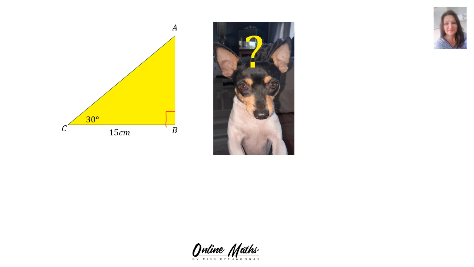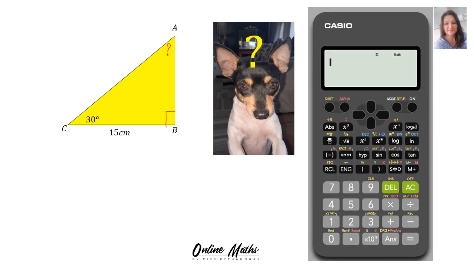It's easy to find the size of angle A. You can still use your old knowledge, but then this is now where trig comes in. This is where I will teach you how to use your calculator and the three buttons here, sin, cos and tan, to work out the lengths of sides or to work out the size of the angles.